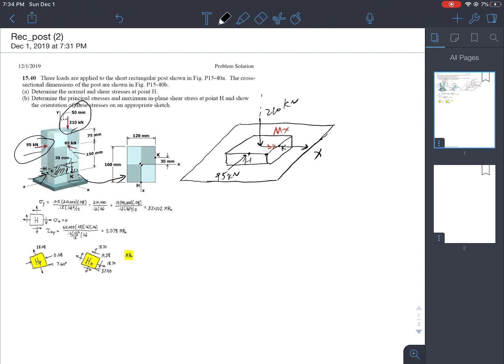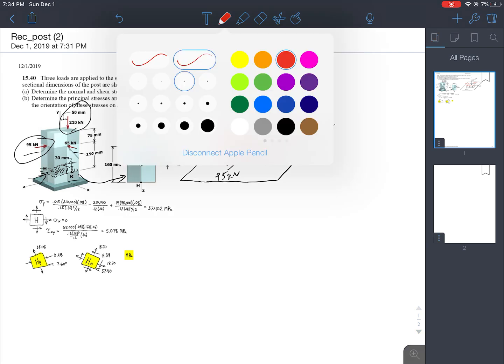What type of moment did I add? A negative moment going this way. Can you see it? So I added a moment going this way.